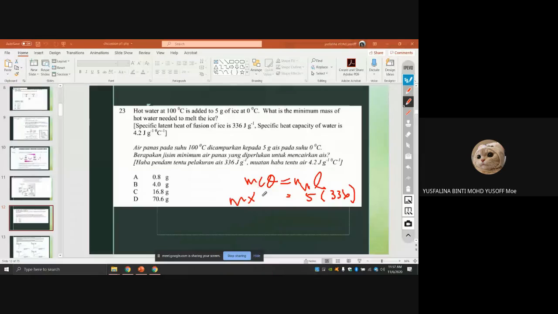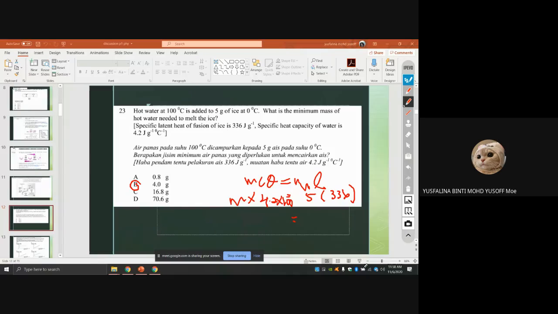C is 4.2, theta is 100, and then you calculate: 5 times 336 divided by 4.2 times 100.